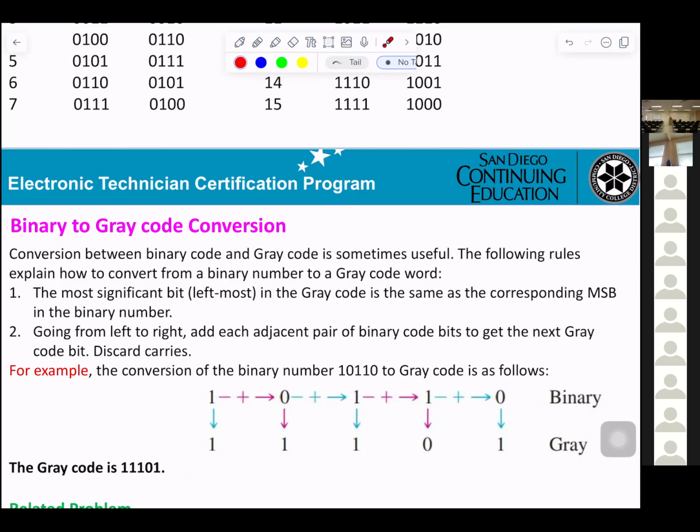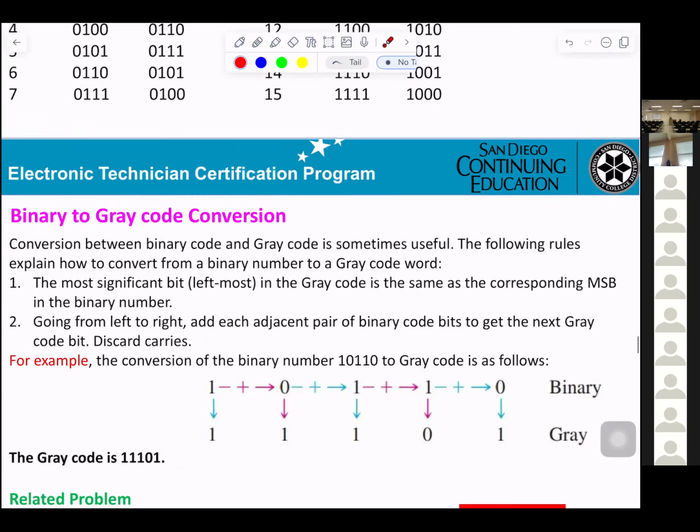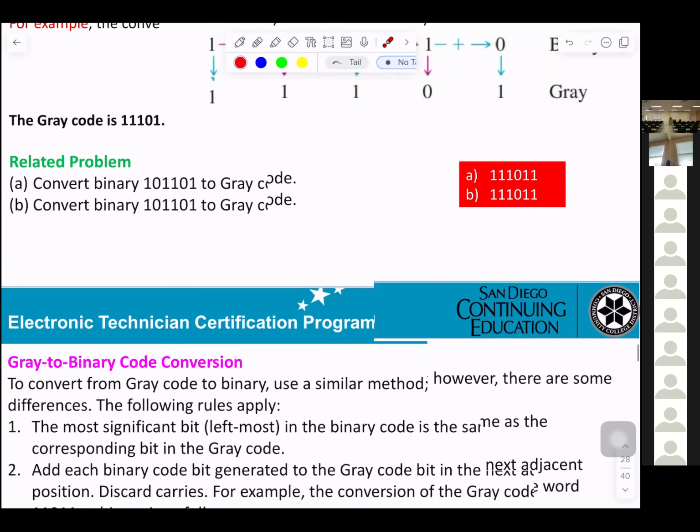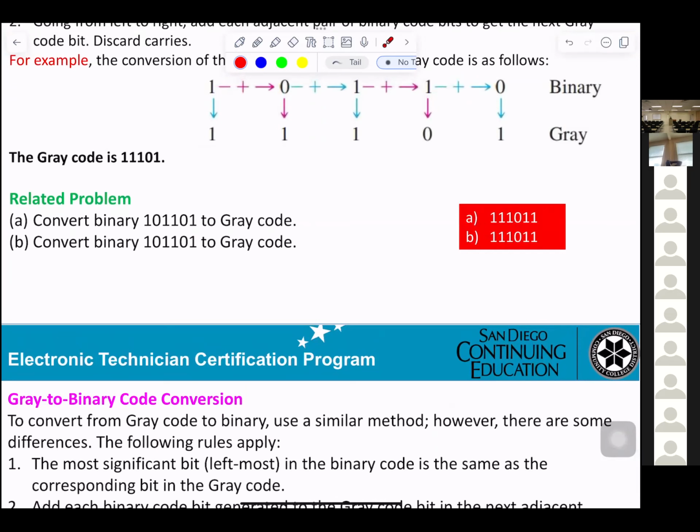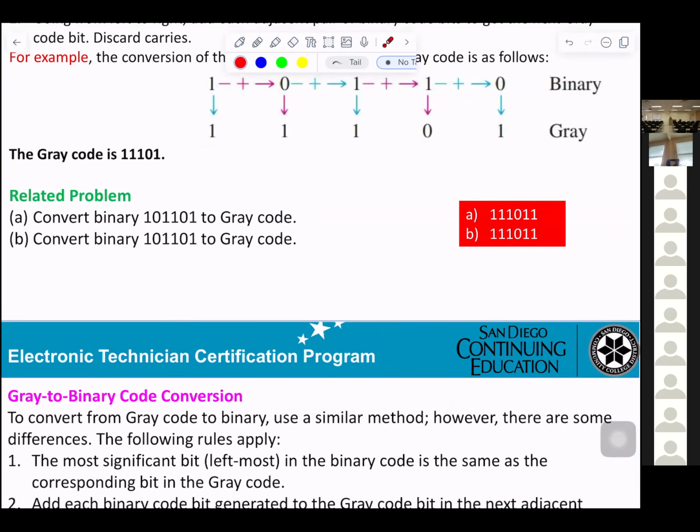However, carry 1, but they're not using carry here. They ignore the carry. So now 1 adding to 0, you get a 1. That's it. Very simple. That's just for your knowledge. If you get a binary and say, I want gray code, then you do it this way. And that's the example. Related problem you can try.